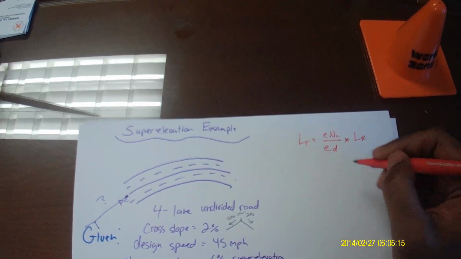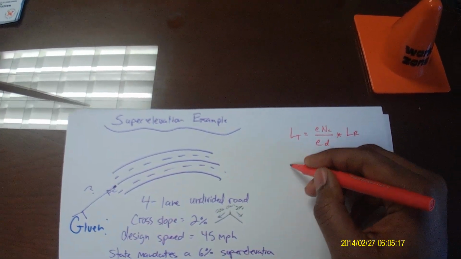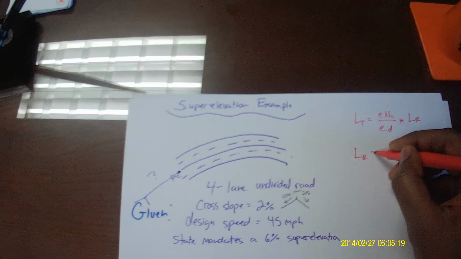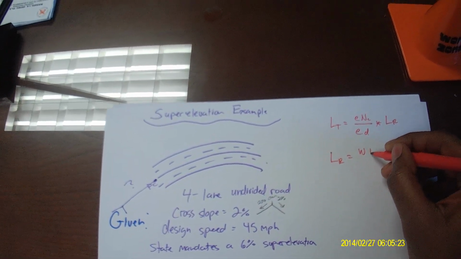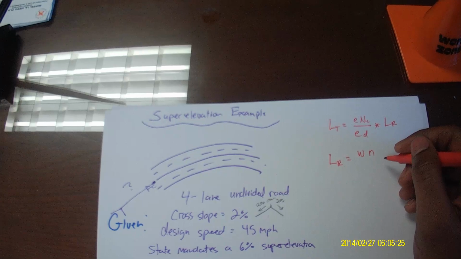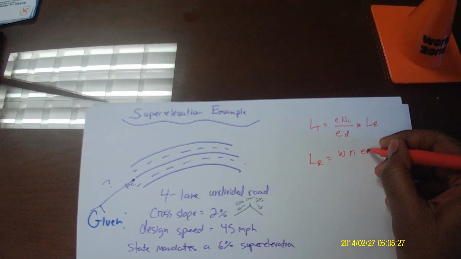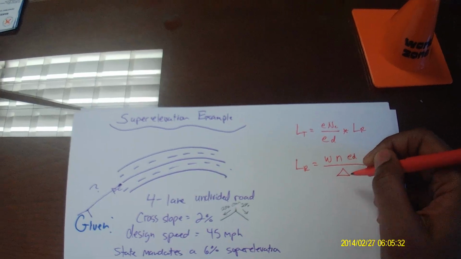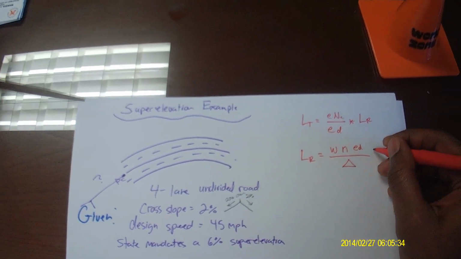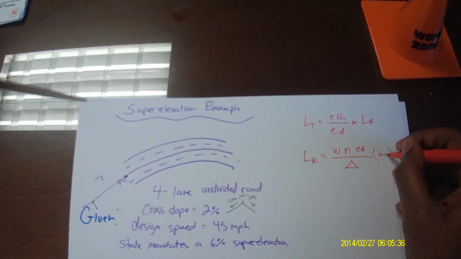So your length of tangent runout is equal to this. Now your length of runoff is equal to your width of the road times the number of lanes that you'll be rotating times the super elevation divided by the relative gradient, and all of that's multiplied by your adjustment factor.